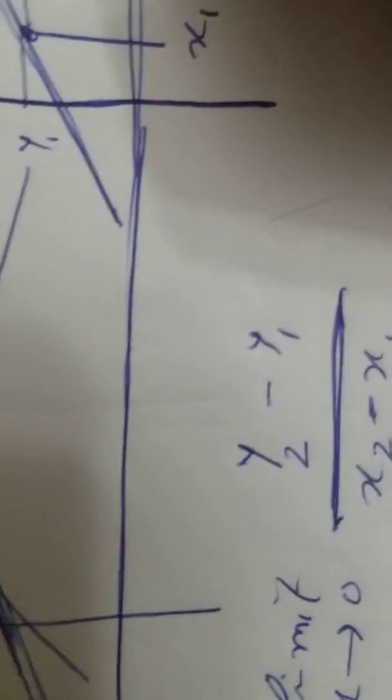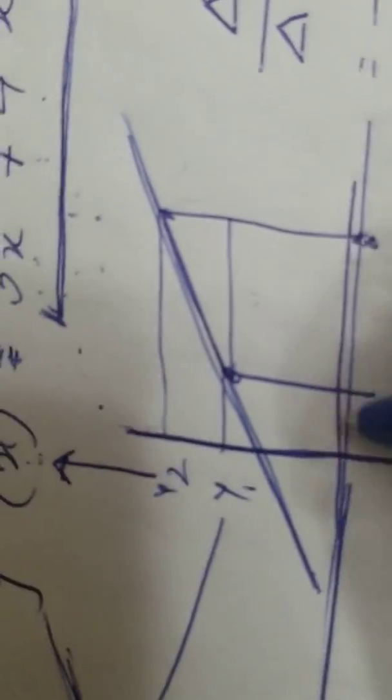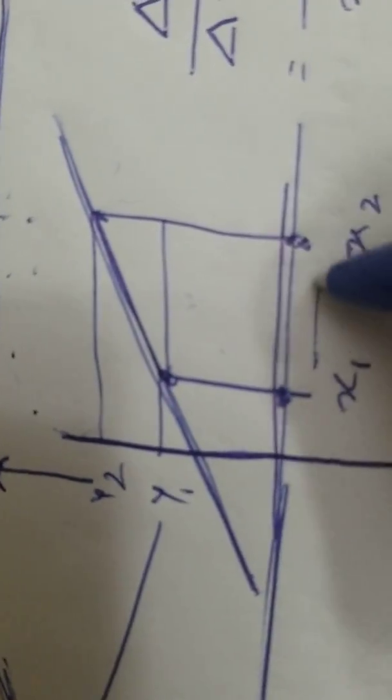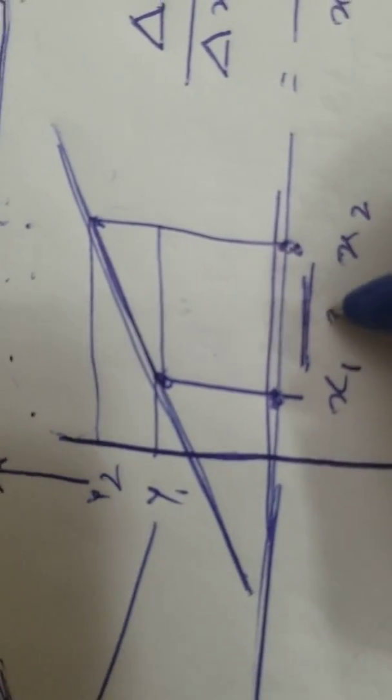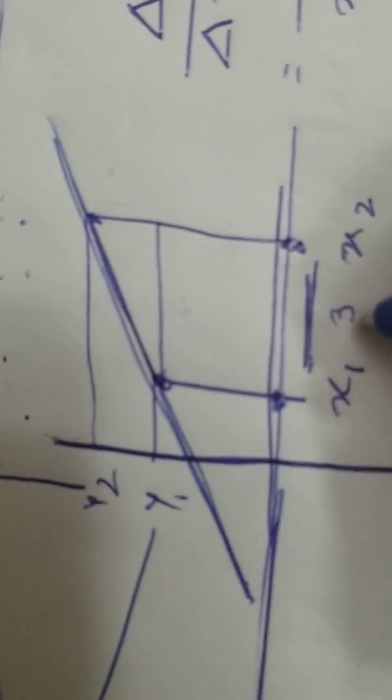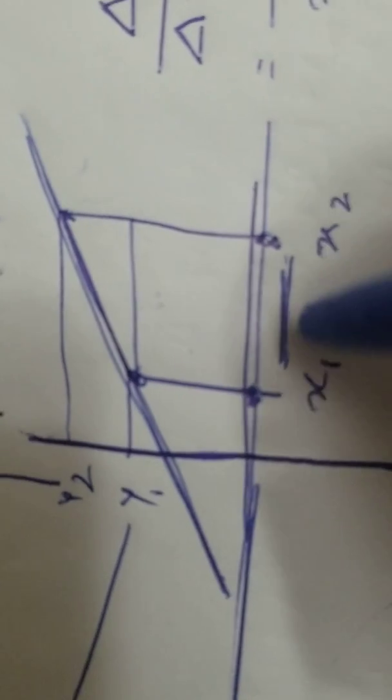If the difference approaches 0, what does it mean? So we have two points, x2 and x1. Now let's say this difference is 3. If it starts to reduce, it's going towards 0, right?